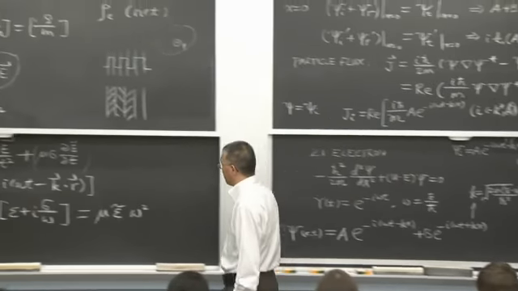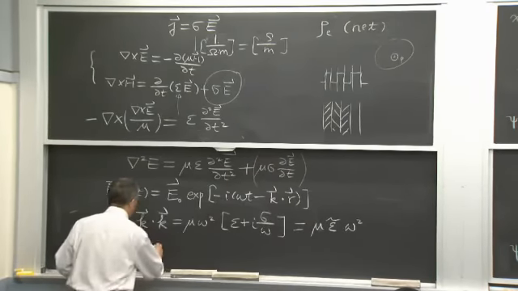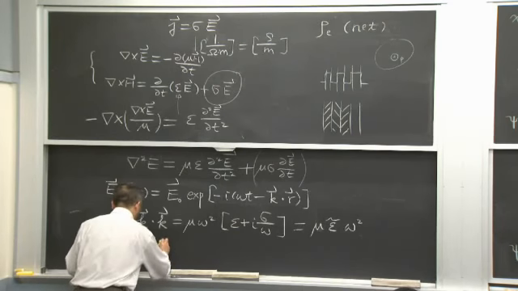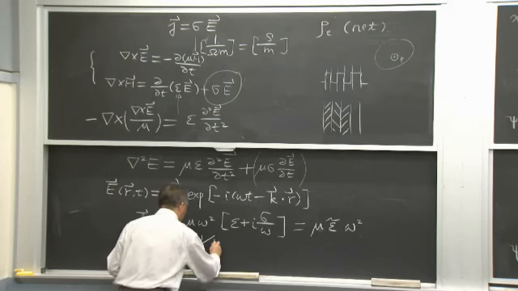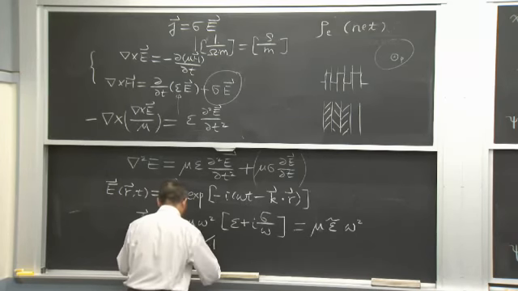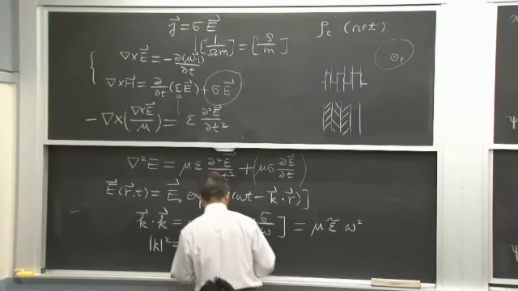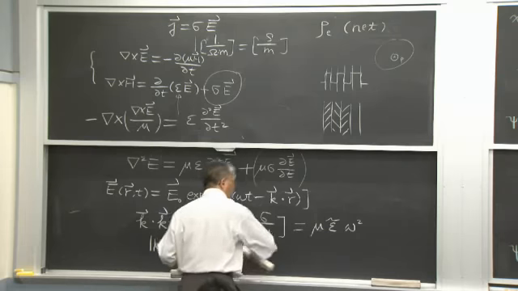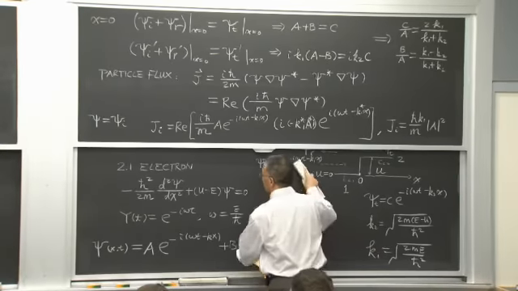Okay? Because when you do this, you get the magnitude, k squared equals omega squared times the square root of epsilon tilde mu.